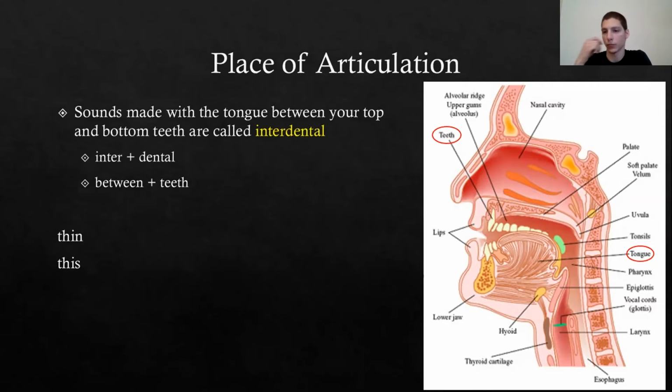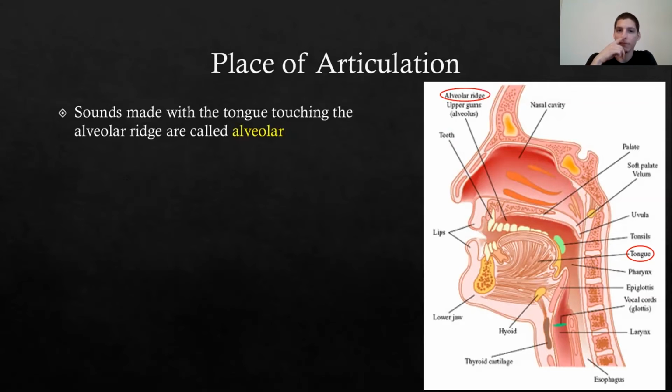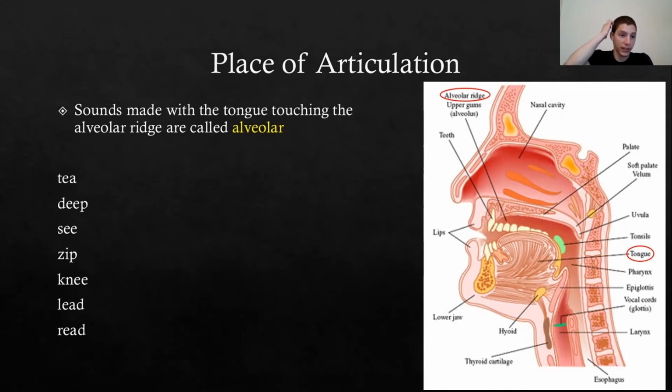And again, that's with the tongue. When you make a sound where your tongue touches the alveolar ridge, those sounds are called alveolar, named again after the anatomy. There are lots of these sounds in English. It's sort of the largest category.